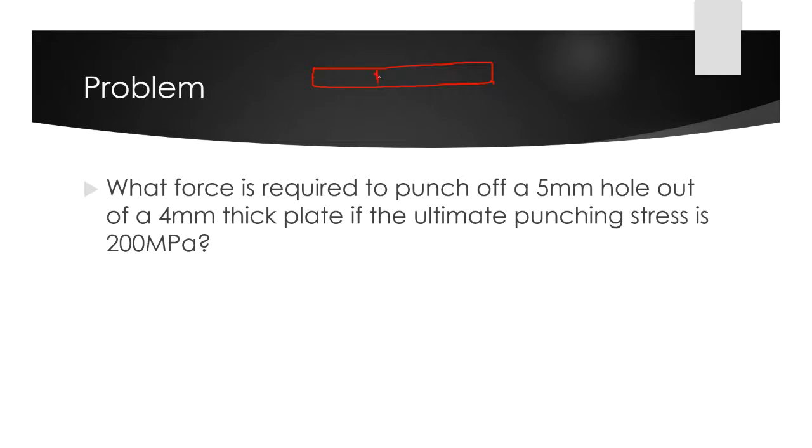So let's say this is the hole that will be punched out. That is said to be 5 millimeter. This is the inside view. If you look at it in top view, this is the hole that will be punched out. This one, 5 millimeter. And it says that the thickness of this one is 4 millimeter.